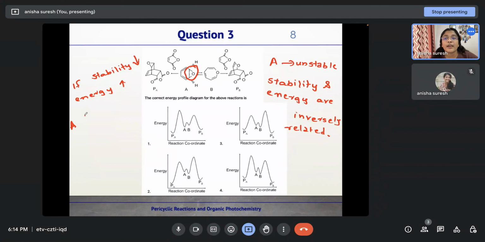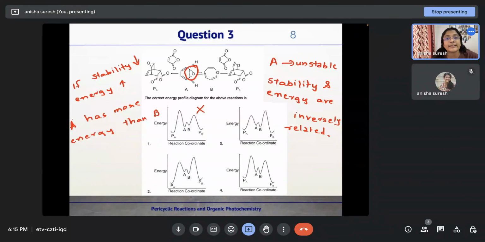So A has more energy than B. So out of these given options, which represents A having more energy than B? In this case, A is having less energy than B. That we can rule out. Here A is having more energy than B. Here also A is having more energy than B.